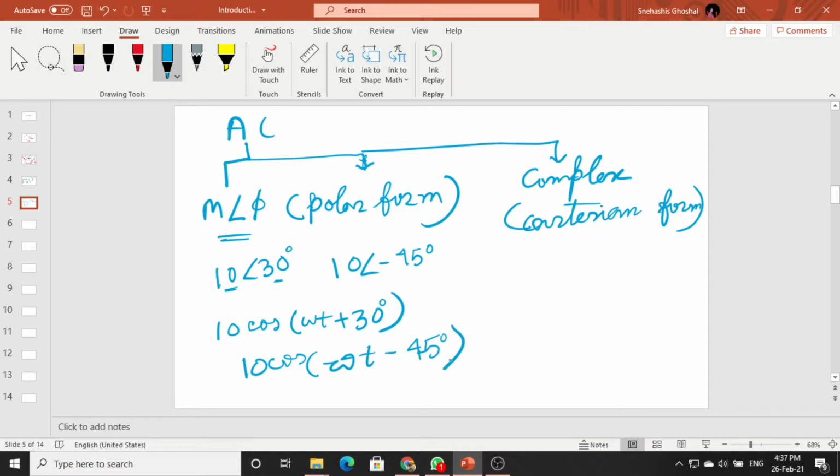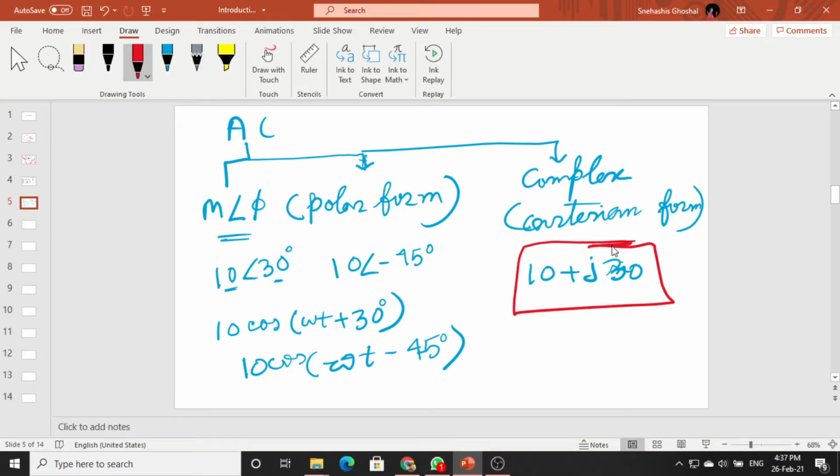This is the polar form. In the other way, 10 plus j 30. This is Cartesian representation. And I think you know the conversion between them. You have gone through 10 plus 2 level mathematics, where you have studied how to convert Cartesian to polar and vice versa.